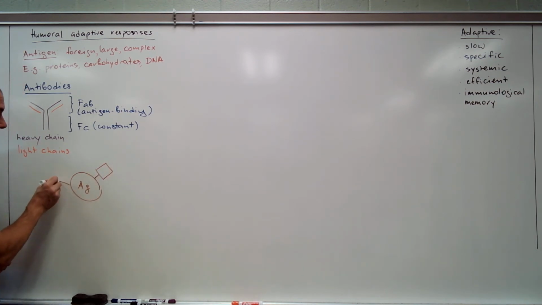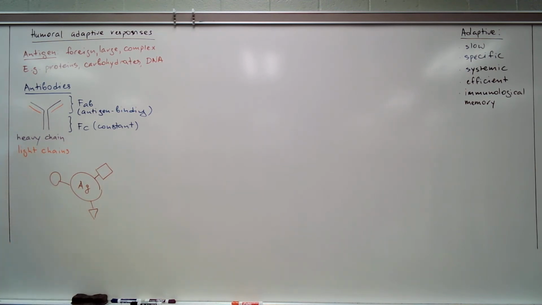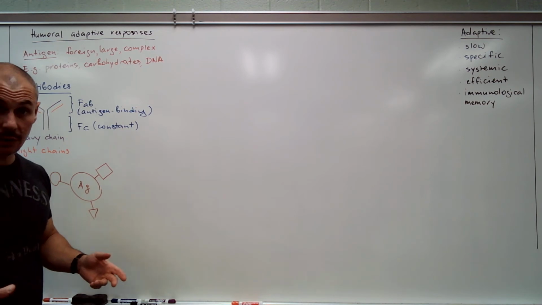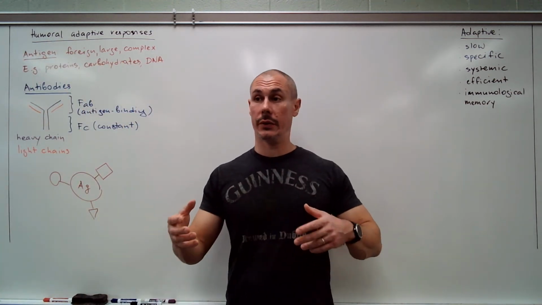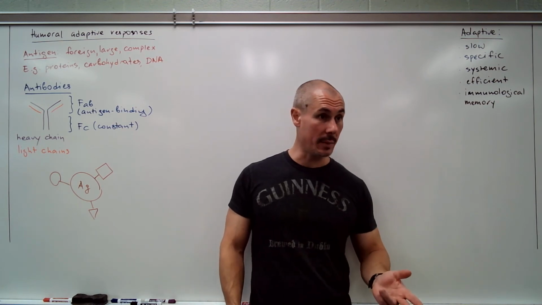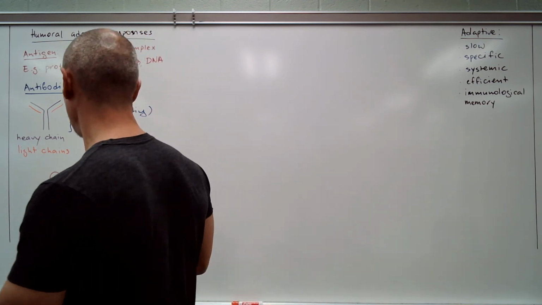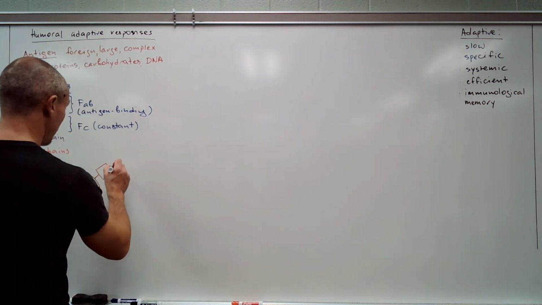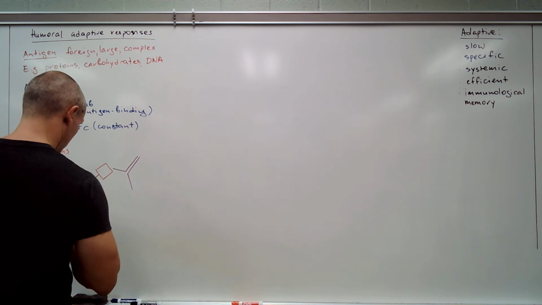So this square, this circle, this little triangle, they represent antigenic determinants. What are those? Certain structures or sequences of, let's say, amino acids. Does that make sense? And if we try to picture how antibody binds to it, it would look something like this. Okay?